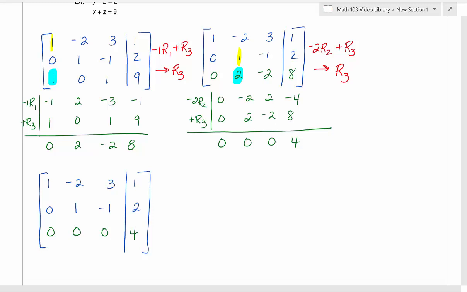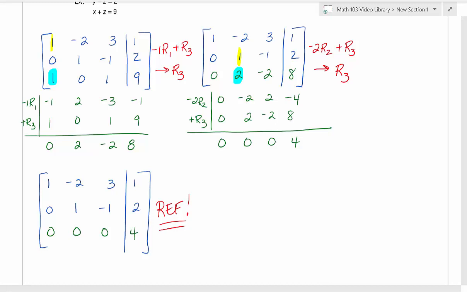Next, for the rows that aren't all zeros, is the first non-zero entry coming in from the left a +1? Yes, it is. Those are our 2 leading 1s. Is the leading 1 in the row above farther to the left? Yes. And lastly, do we have zeros below all of our leading 1s? We do. This matrix is in row echelon form.